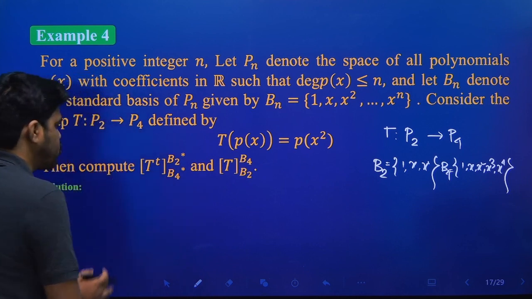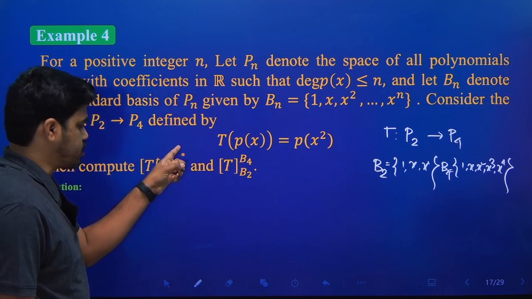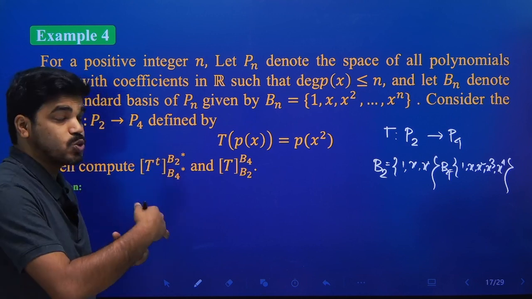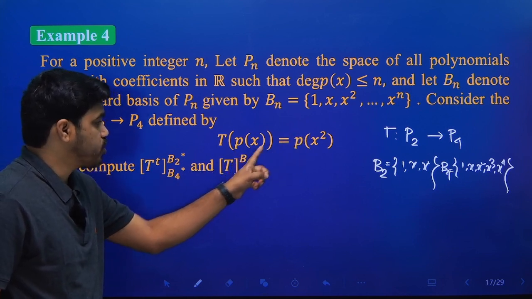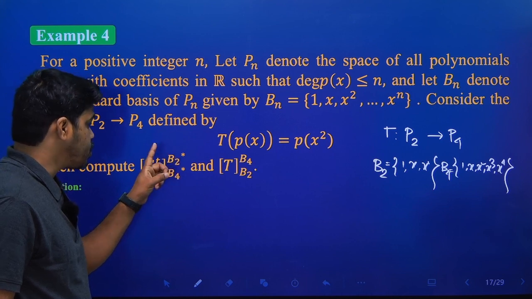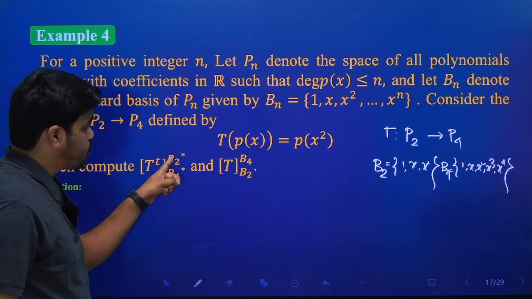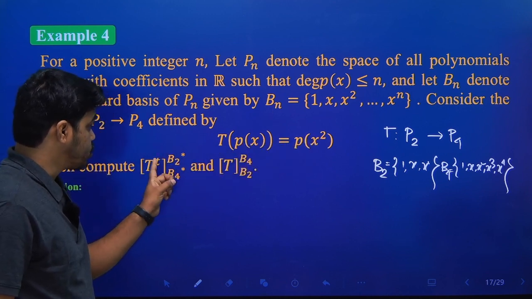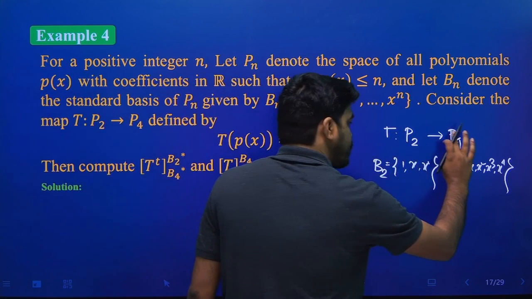So we have to compute T transpose from B4 star to B2 star. B4 star is the dual basis, B2 star is the dual basis. B2 is the basis for P2, B4 is the basis for P4. B2 star is the dual basis for P2 star, B4 star is the dual basis for P4 star. T is a mapping from P2 to P4.